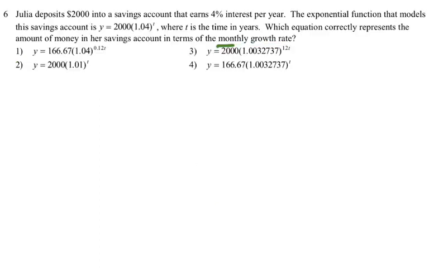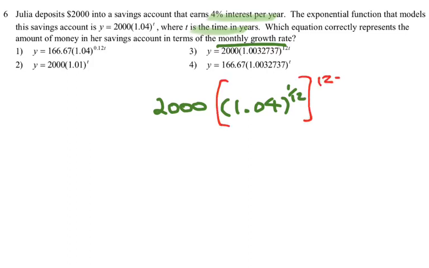All right. Now number 6, even though t is given in years, you can see, we're looking for the monthly growth rate. Then the way which we have to do is 1.04, this one has to be raised by 1 over 12 because there are 12 months per year. But the whole thing has to be raised by 12t.